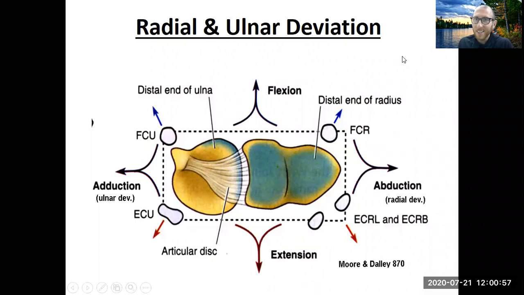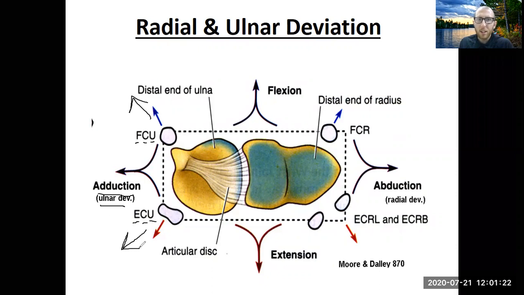Here's a complete summary slide of radial and ulnar deviation together. Now, don't let this overwhelm you. It's just summarizing. Let's say, for example, adduction or ulnar deviation: flexor carpi ulnaris, FCU, pulling this direction, but it only does that deviation when you have the extensor carpi ulnaris pulling in this direction. Now, this is physics. And if you said, when will I ever use physics with anatomy?